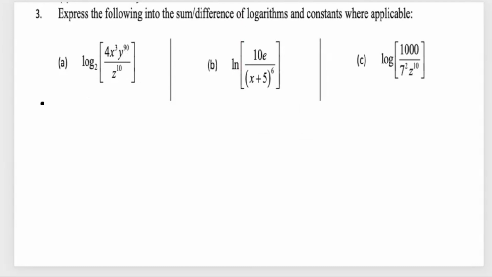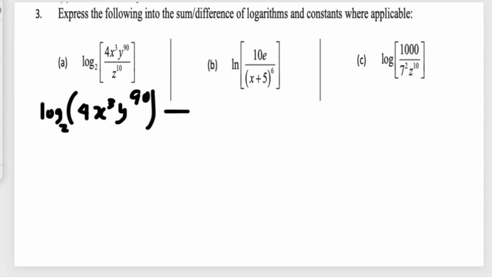So I'll have log base 2, the numerator, 4x cubed y to the 90, minus, because when we divide, we subtract. So it's going to be minus log base 2 z to the 10.